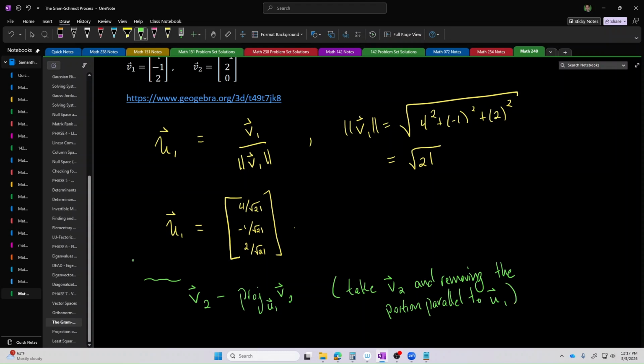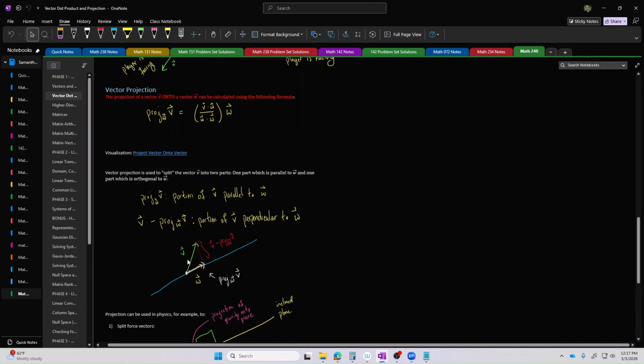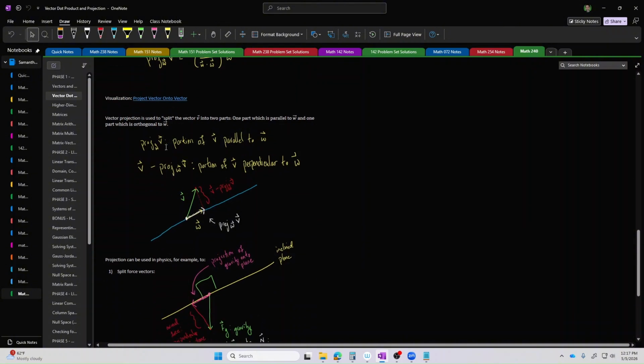to u1. We remember from our lesson on vector dot product and vector projection that when you project one vector onto another, what is represented by that is the portion of v that is parallel to the vector you're projecting onto. And then if you subtract that projection, what is left is the portion of v that's perpendicular to w.